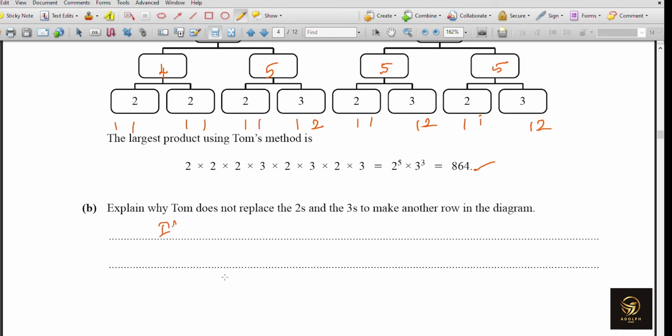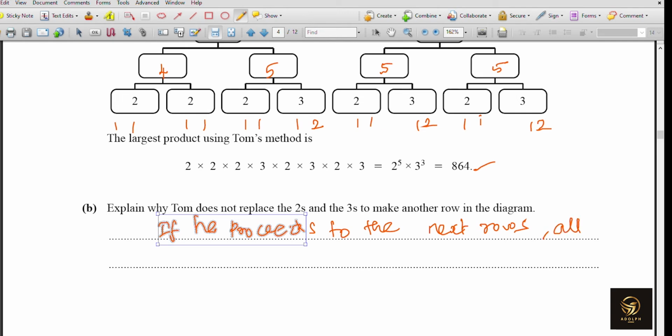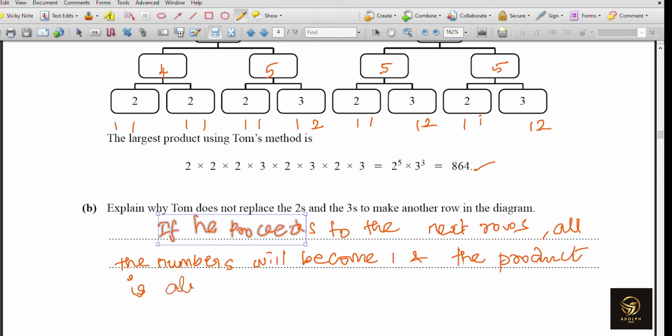So if he proceeds to the next rows, all the numbers will become 1 and the product will also become 1, and it is not the largest.